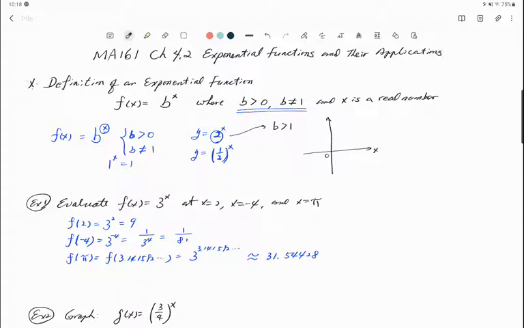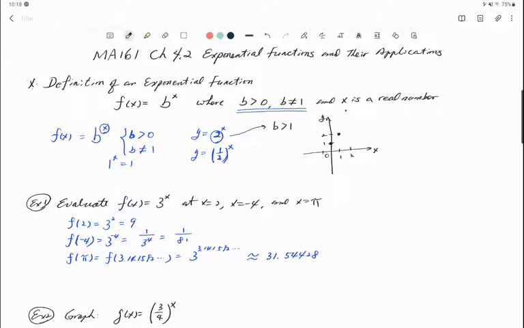Let's plot the points on the xy plane. If x equals 0, then y equals 2 to the 0 power, which is 1. If x equals 1, then 2 to the first power is 2. And if x equals 2, then 2 squared is 4. So it's going all the way up.